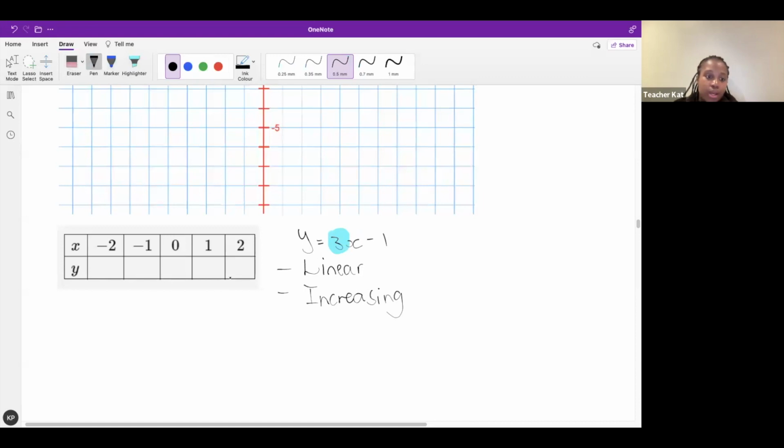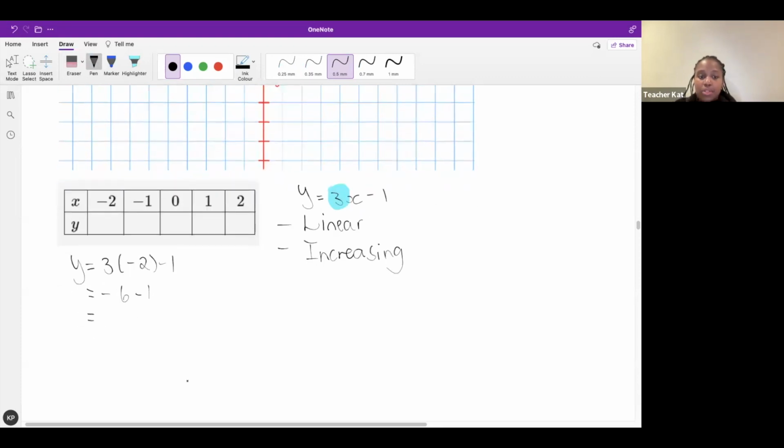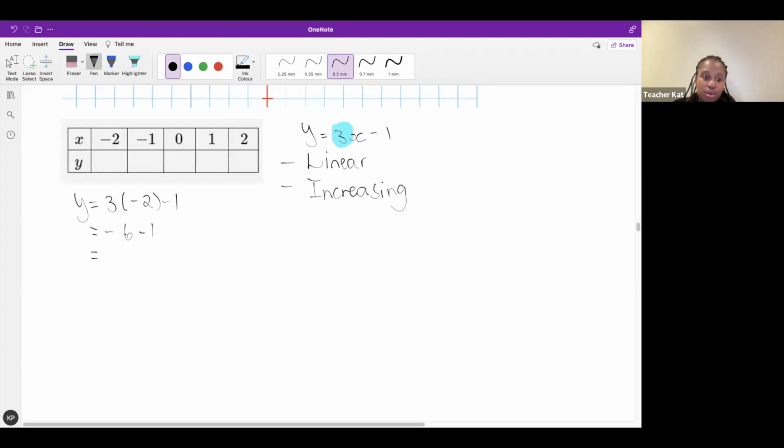Okay. Now let's get going. Y is equal to the first one, 3 times negative 2 minus 1. What's 3 times negative 2? That is negative 6. And if I subtract 1 from that, I'm going to get a negative 7.